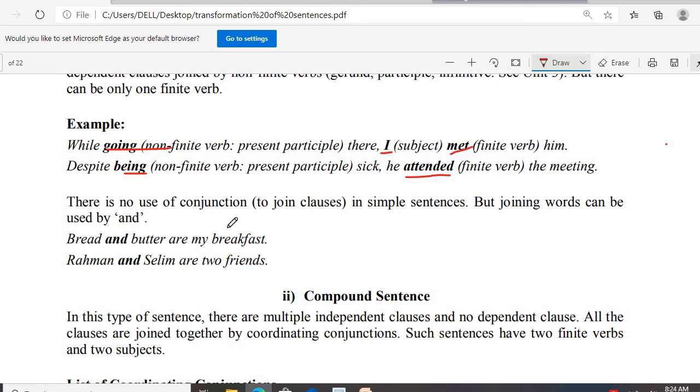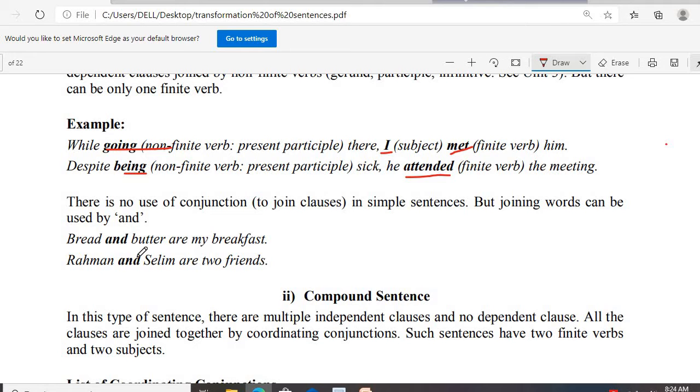That will be a simple sentence. Let's see. Bread and butter are my breakfast. Roman and Selim are two friends. Here you see and is a conjunction, but this and has joined only two words, bread and butter, Roman and Selim, not two clauses.